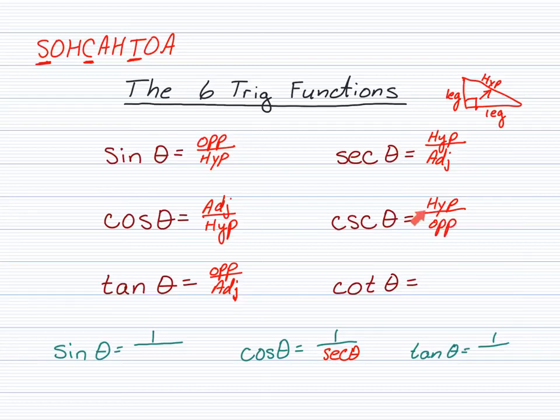You may notice that this is the reciprocal of sine, so sine of theta is equal to 1 over cosecant of theta. And then the last ratio is for cotangent. It is equal to the adjacent over the opposite leg, and that is the reciprocal of tangent. So tangent and cotangent are reciprocals of each other.